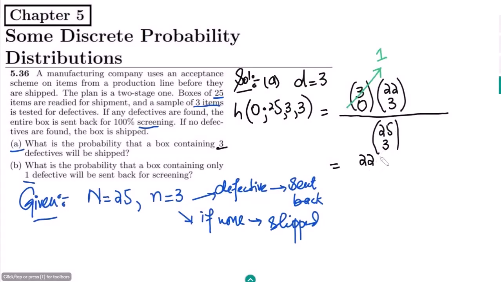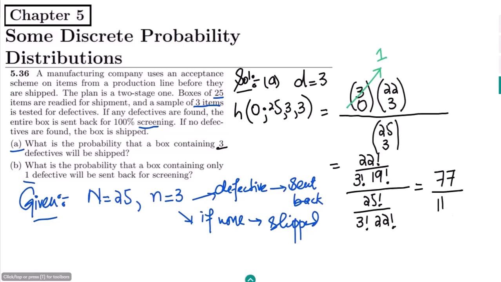It would be 22 factorial divided by 3 factorial times 22 minus 3, which is 19 factorial, whole divided by 25 factorial, divided by 3 factorial times 25 minus 3, which is 22 factorial. When solving it, the answer will become 77 divided by 115. You can solve it and see the answer. So this is the solution for part A of our question.